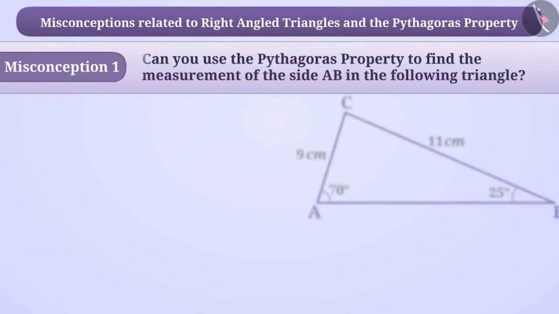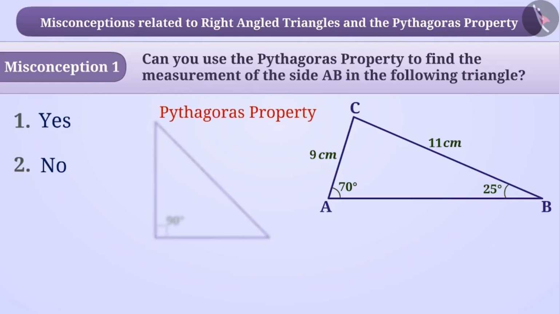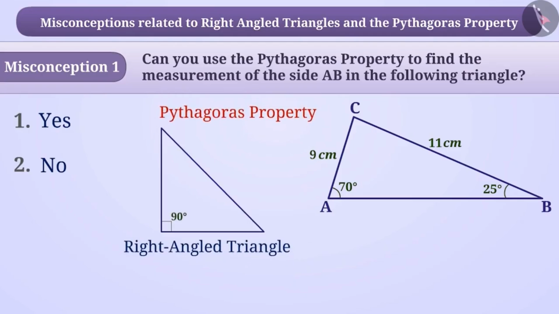Misconception 1. Can you use the Pythagoras property to find the measurement of the side AB in the following triangle? Some children ignore the fact that the Pythagoras property can be used only for right-angled triangles. But this property cannot be used if the triangle is not a right-angled triangle.